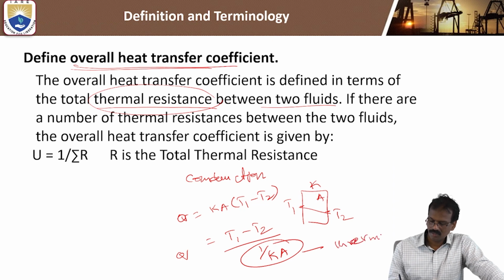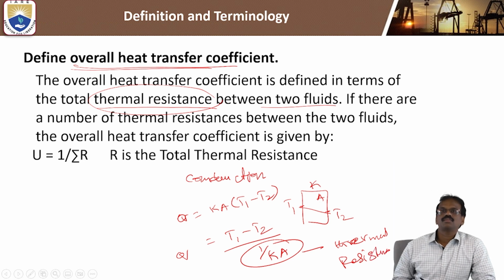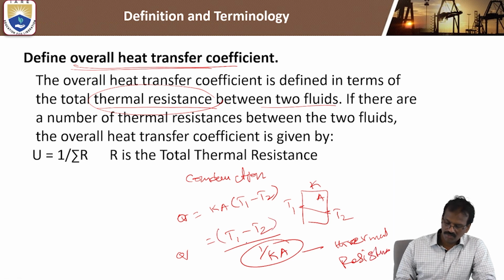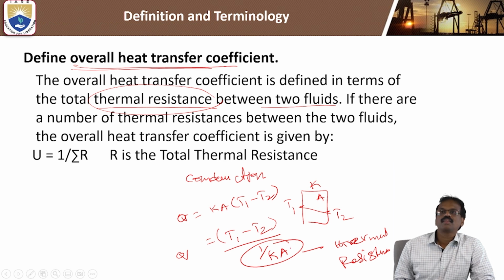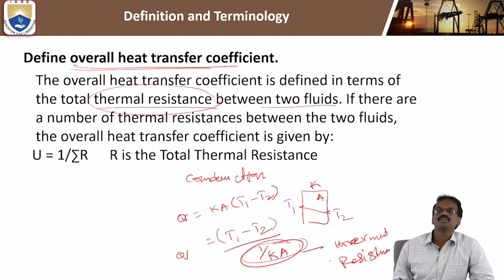Thermal resistance means a temperature difference divided by something. The initial temperature minus the final temperature, divided by the remaining terms. So Q is equal to (T1 minus T2) divided by 1 by KA, and this 1 by KA is the thermal resistance.